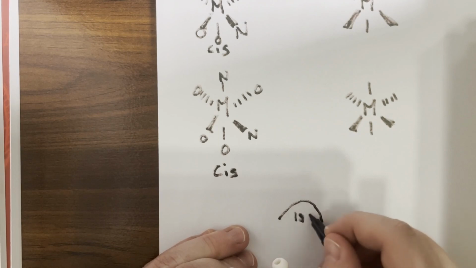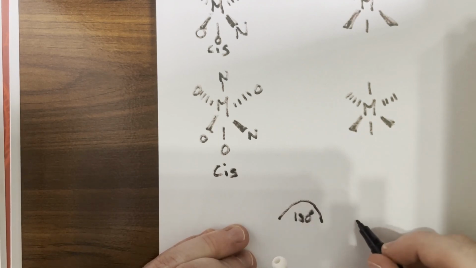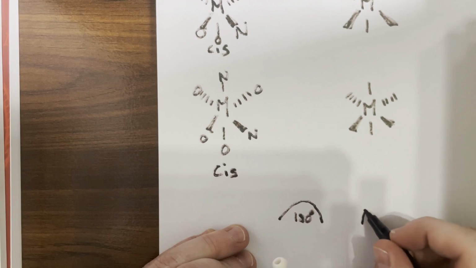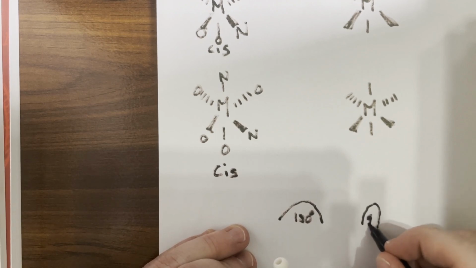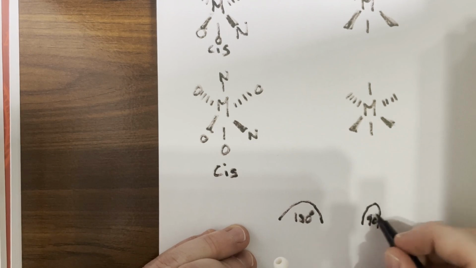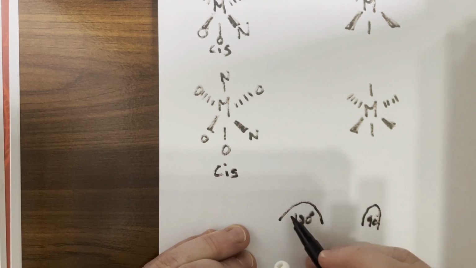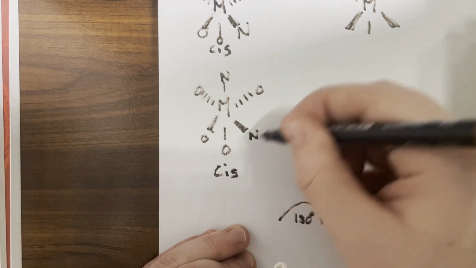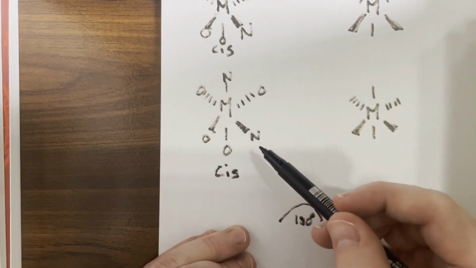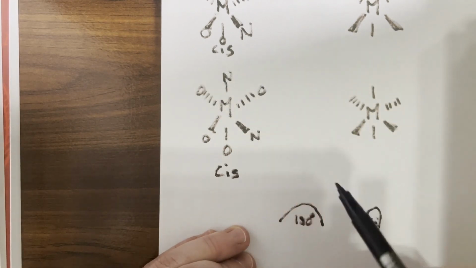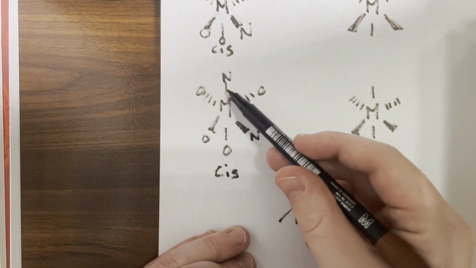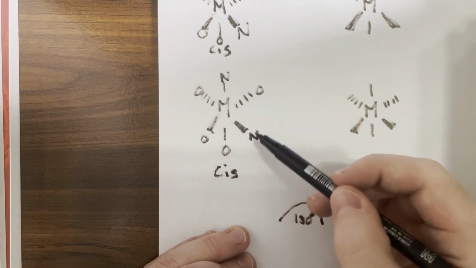Facial means that the atoms sit at 90 degrees to one another, so it sits on the face of your octahedron. Remember, in the pre-practical lecture video we saw something on three bonds of the octahedron, and something that sits on the face of the octahedron is called facial.